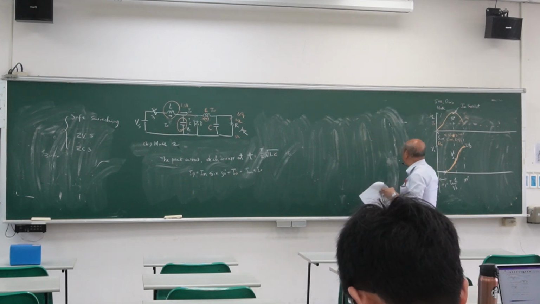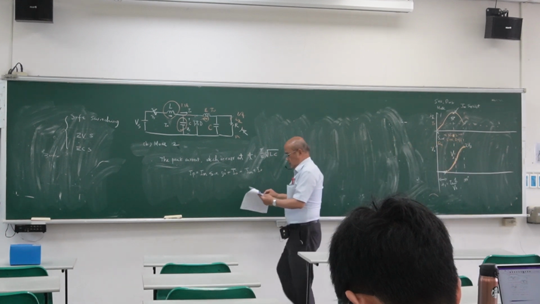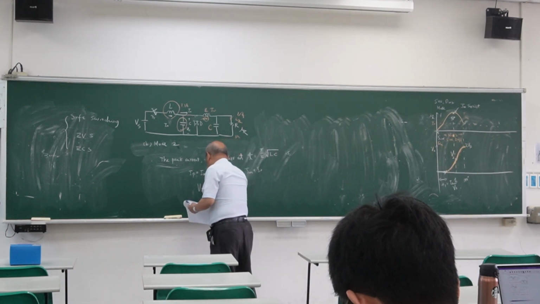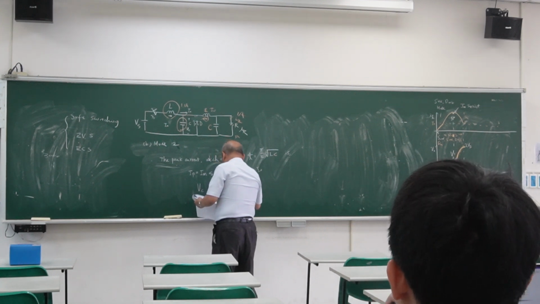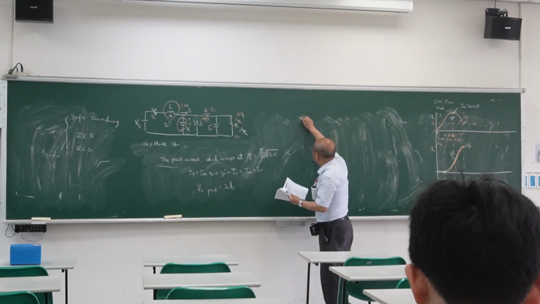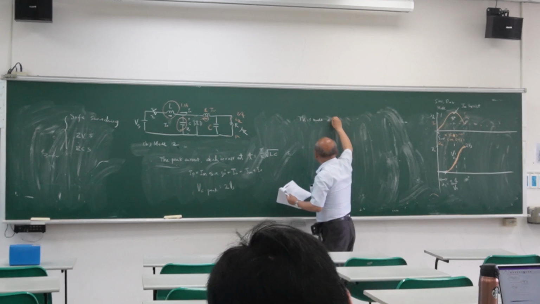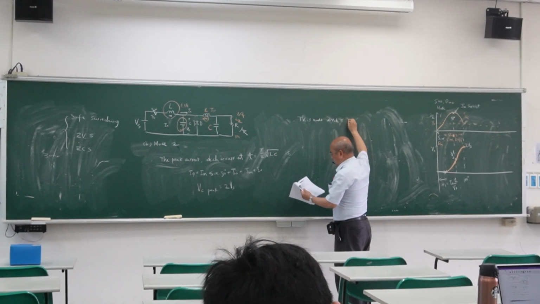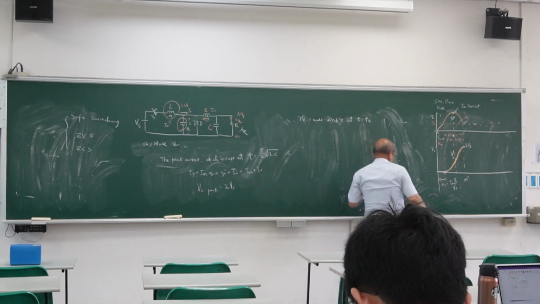Then how about VC? VC is here. So VC peak is 2Vs. So what happened? It is at t equal to t2.